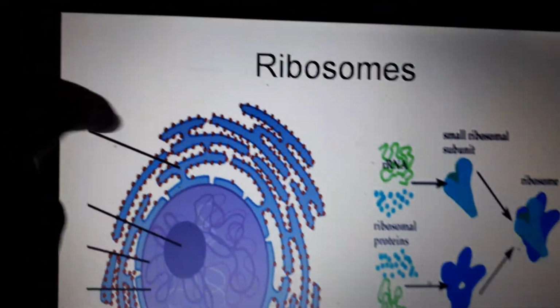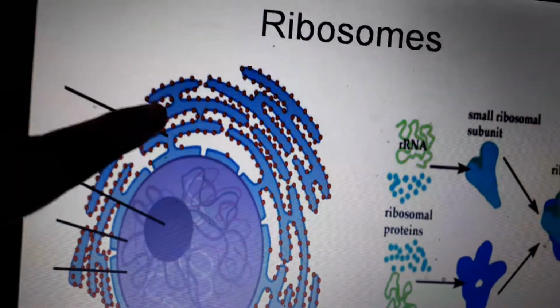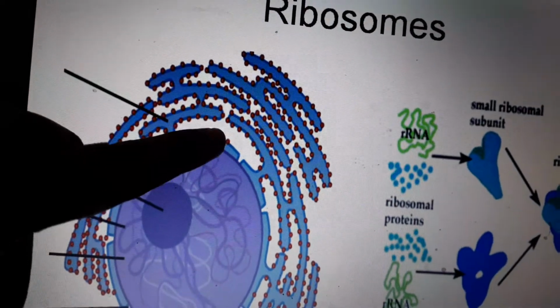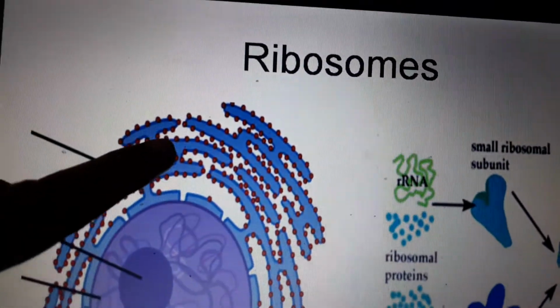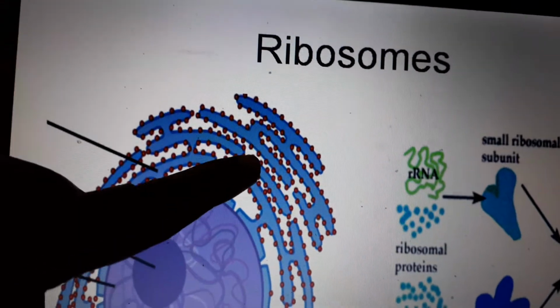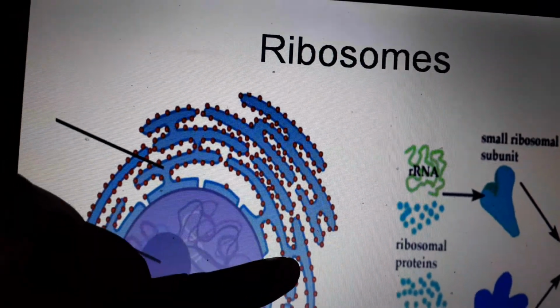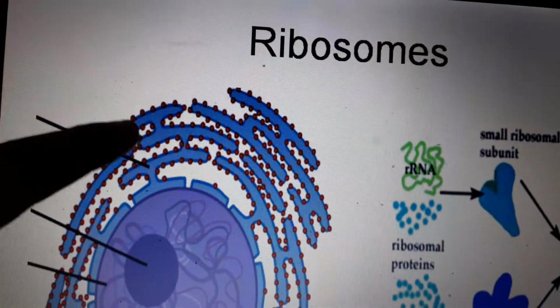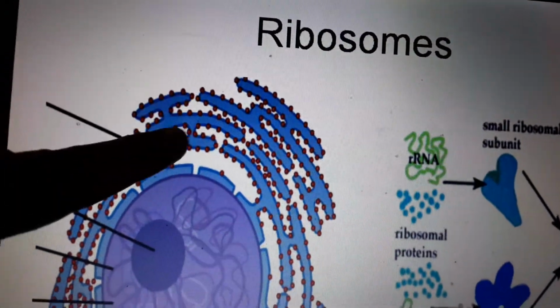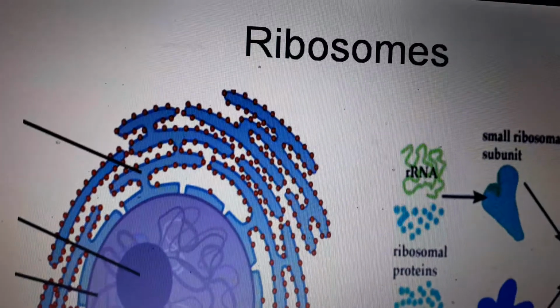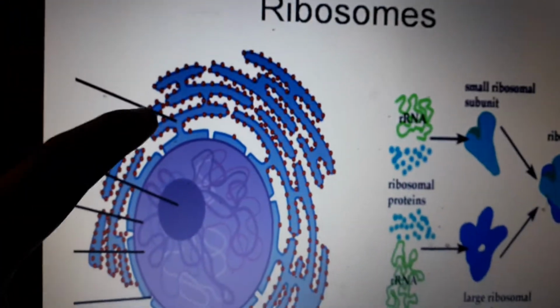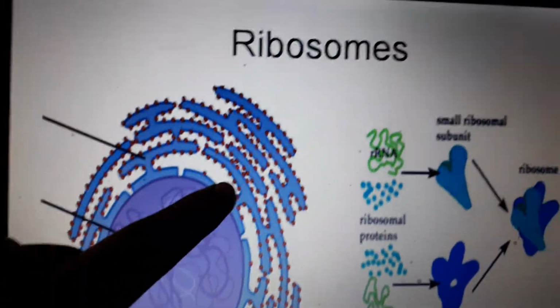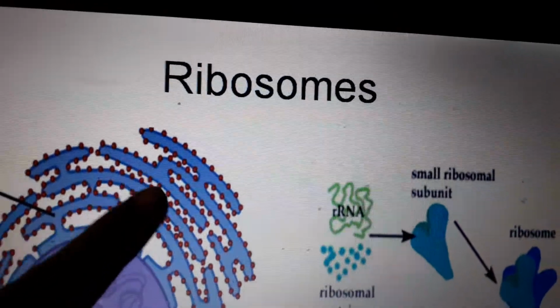Why are these ribosomes present on the endoplasmic reticulum? Wherever these red granular structures called ribosomes are present, proteins are formed.